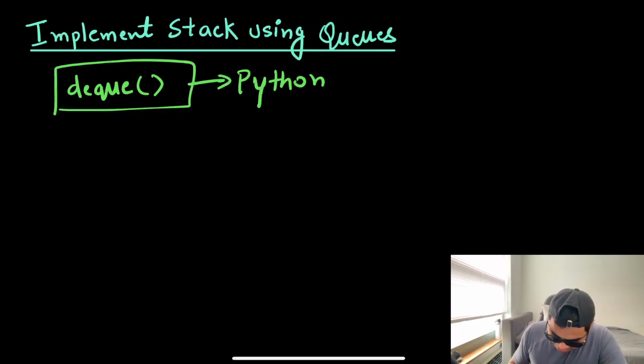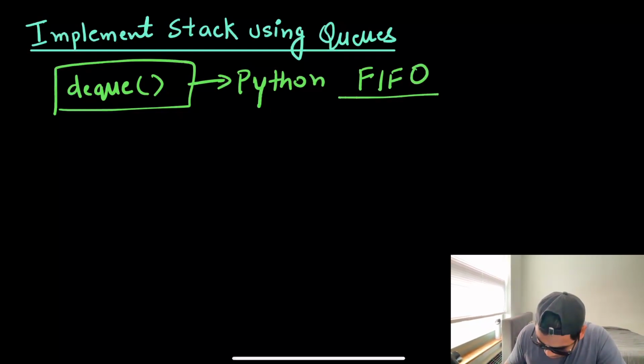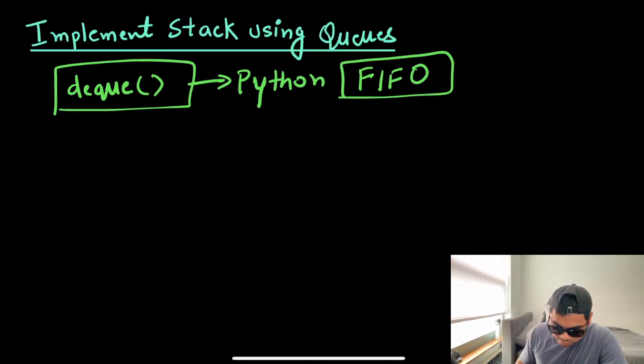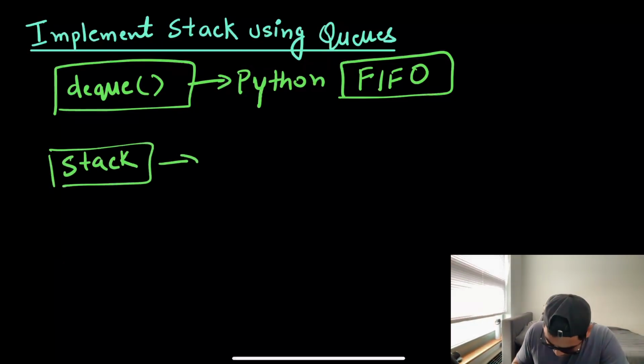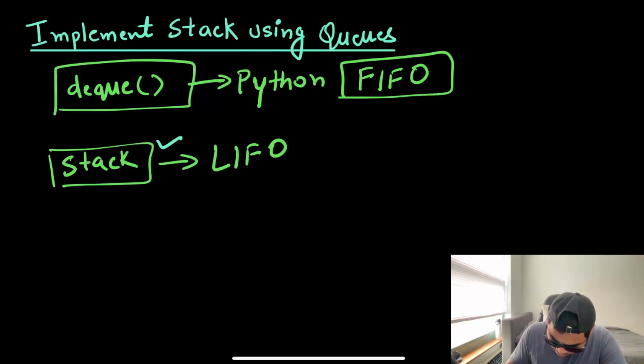Okay, so a queue is a FIFO data structure. FIFO means first in first out, right? And stack is a LIFO data structure. Now we need to implement stack using queue.